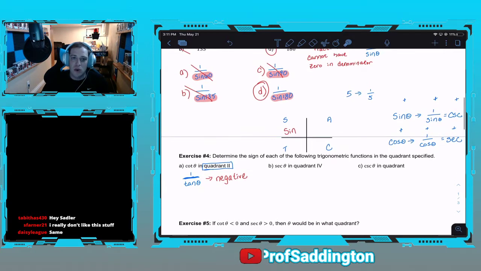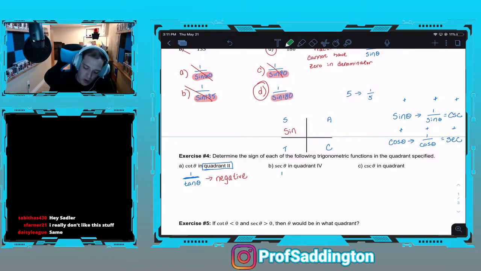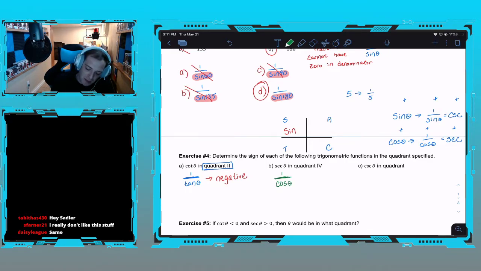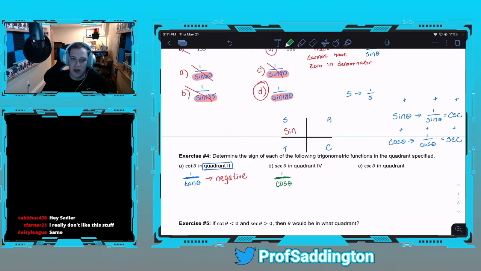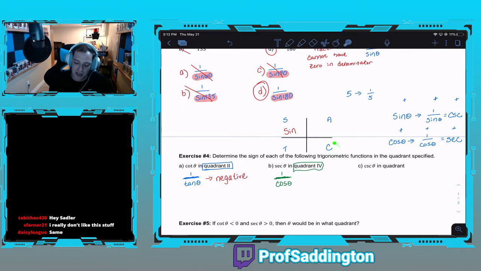Okay? So let's try secant. So secant is 1 over cosine. And it's okay if you guys don't have that memorized. That's what's at the top of the first page. Okay? So 1 over cosine. Well, this says that we have to look at quadrant 4. So if I go to quadrant 4 inside my grid, the only thing that is positive is cosine.